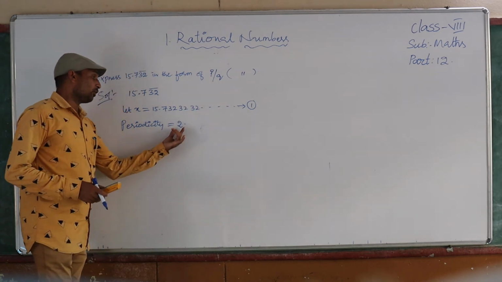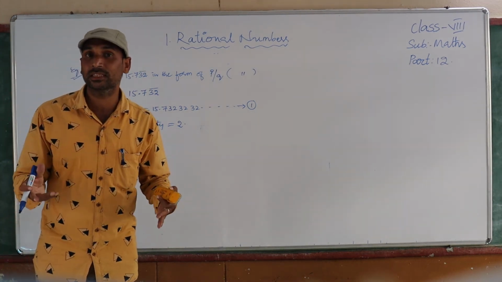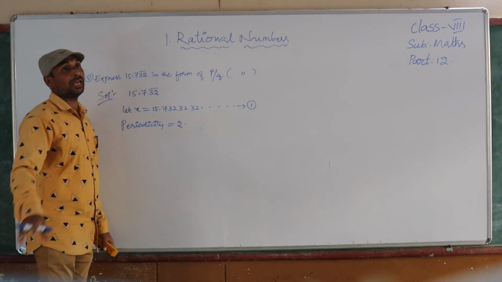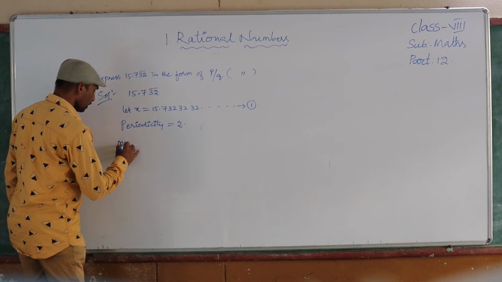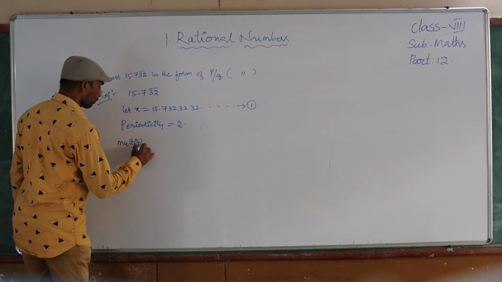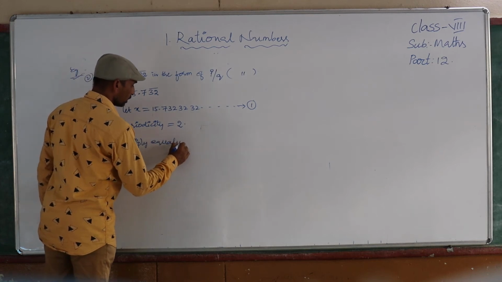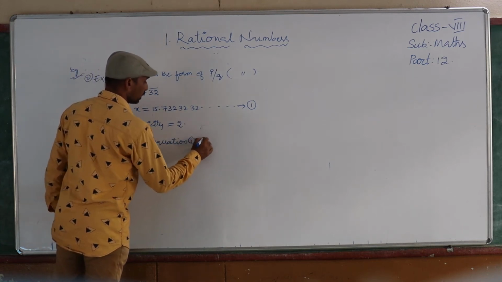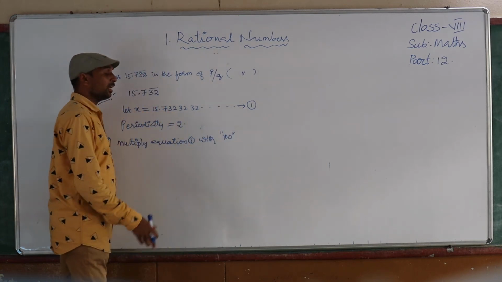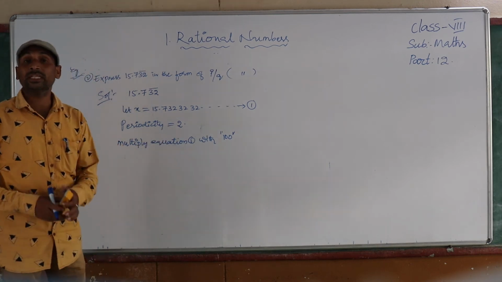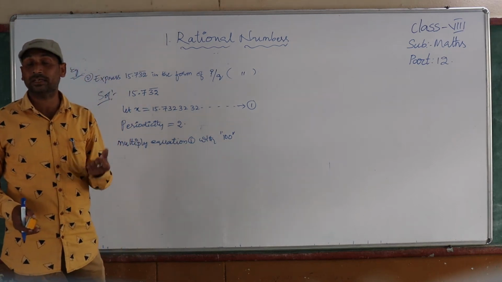If the periodicity is 2, we multiply the first equation with 100. Why do we take 100, children? Because the periodicity is 2. In the previous question the periodicity was 1, so we multiplied with 10.